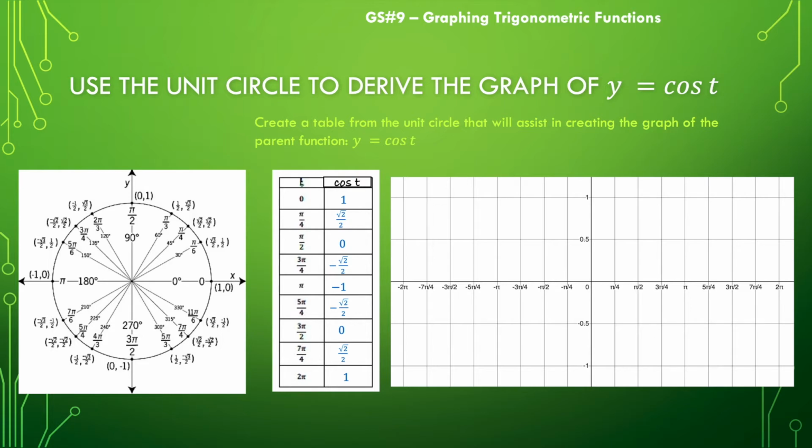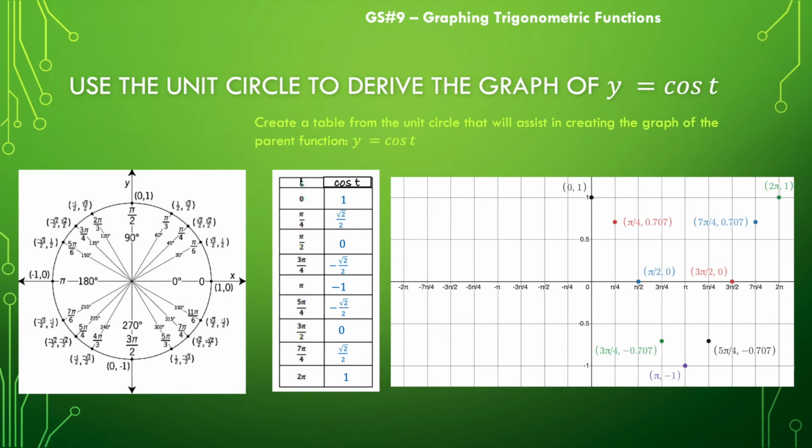Now, if we plot those points on a standard xy graph where our x-axis is really representing our angle measures, our t's, we end up with something that looks like this. Now we kind of have half of a peak, and then a full valley, and then another half of a peak.